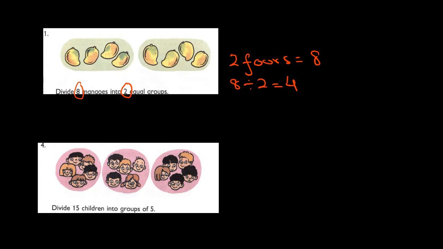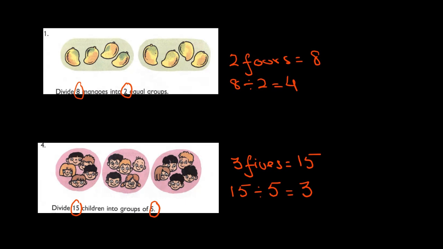Now this is slightly different. Now the book is telling you the number of children, and how many objects there are in each group, and it's asking you how many groups there are. So this is the interpretation that 3 fives are equal to 15, and we say it this way: 15 divided by 5 is equal to 3, and 3 is the number of groups.